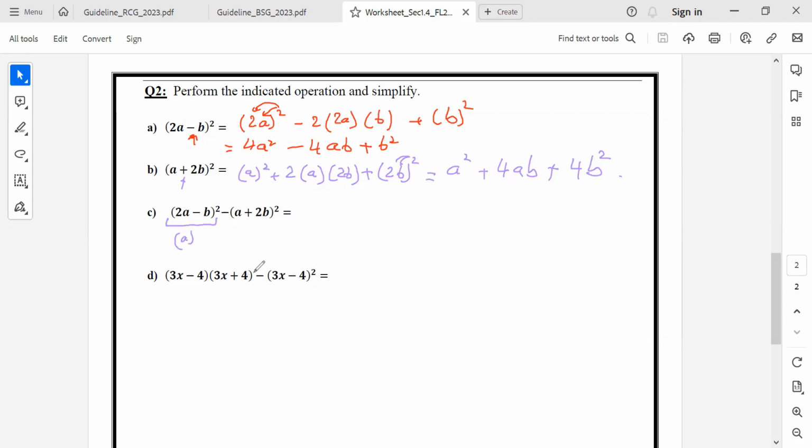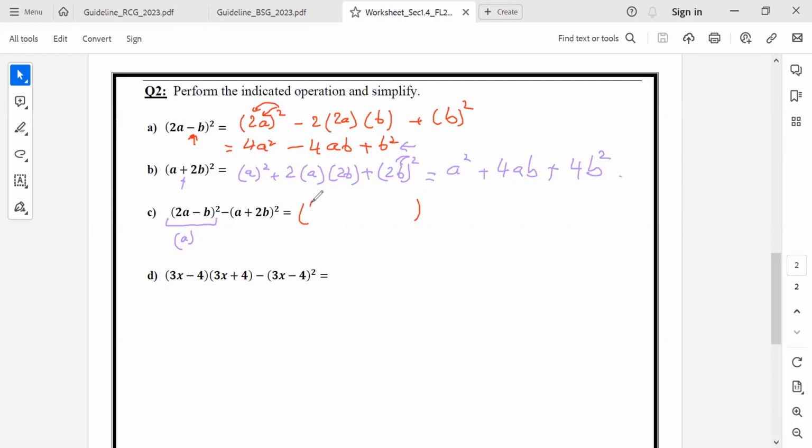إذا بما أني محسوبة في سؤال A ما عليها درجات، إذا تعيد تحسبها مرة ثانية. فيكفي هنا إنك تكتب على طول the result of A between parentheses. دايما نحط parentheses حتى نكون في safe side حتى ما نخطئ.